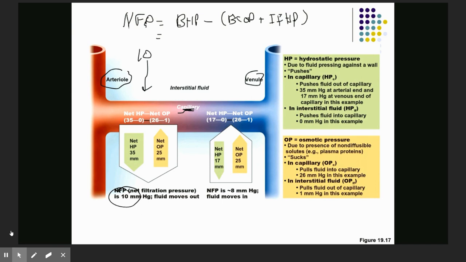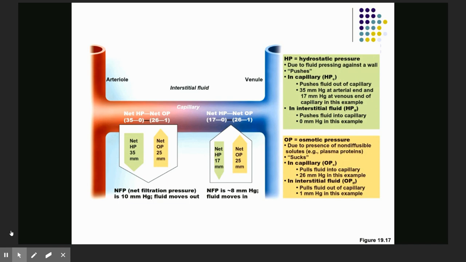So what does that mean? Is fluid going to come out? Is fluid going to go back in, or is nothing going to happen? Exactly. Fluid is going to come out. So because it's 10 right here, fluid is going to get pushed out crazy on this area.